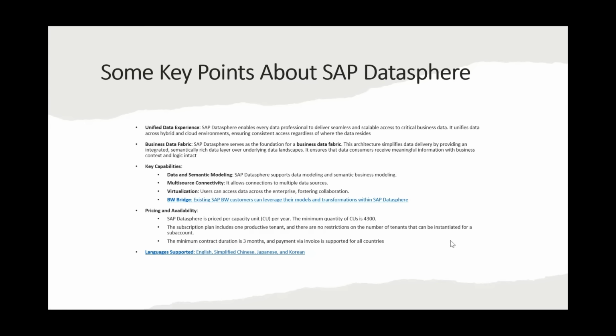What are the key capabilities? So it has data and semantic modeling. As I said, semantic modeling is the same. It has metadata. It has interrelation between the dimensions and the measures, and how in real terms business deals with it, like how a sales organization is related to a specific plant and all, how those configurations are there, just like in S4 HANA.